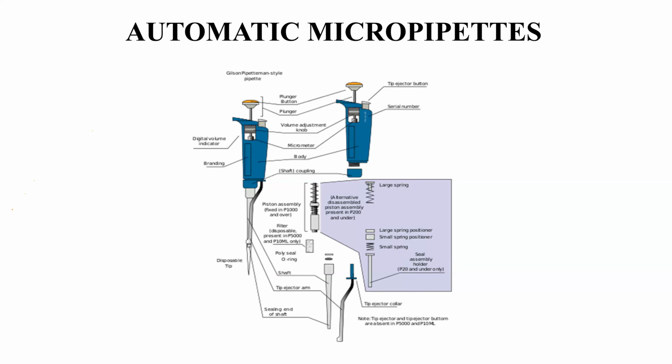Next, widespread devices: automatic micropipettes. In our lab, since we work with immunohistochemistry and histochemistry, we use small amounts of chemicals, and it is very important to be precise with these very small amounts of antibodies and serum.